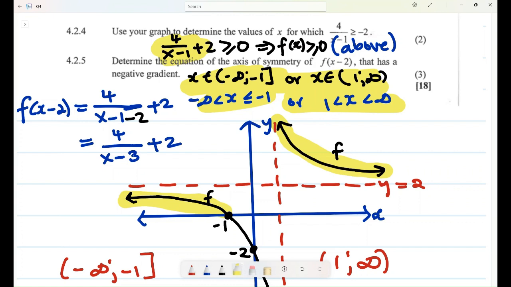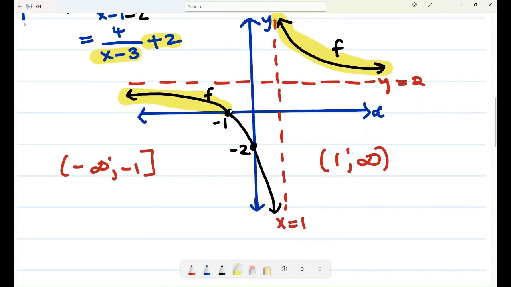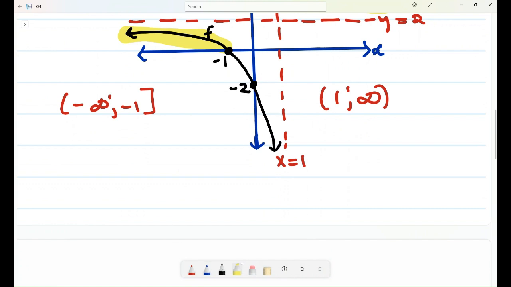Then I'm in a position of getting the gradient. I take this portion plus this portion. But now they say with a negative gradient. How do I do that? I'm answering that question here.